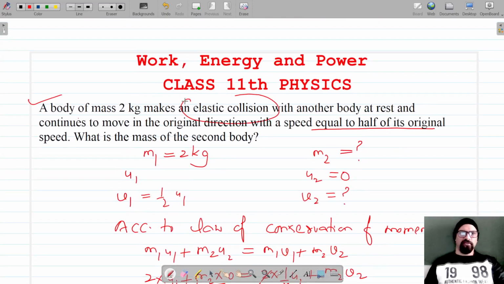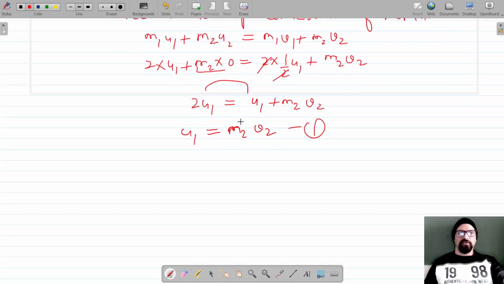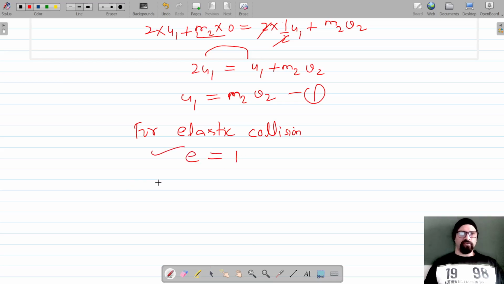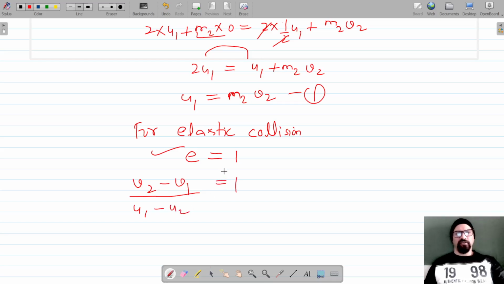And it's also given that it's an elastic collision. So for elastic collision, we know that the coefficient of restitution is equal to 1, and the coefficient of restitution is given by velocity of separation, which is v2 minus v1, upon velocity of approach, which is u1 minus u2, is equal to 1.